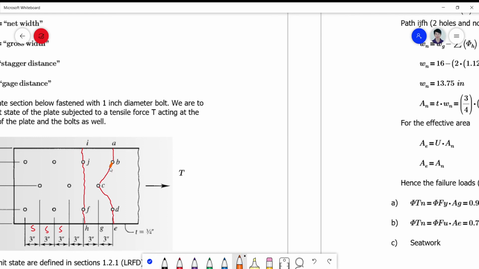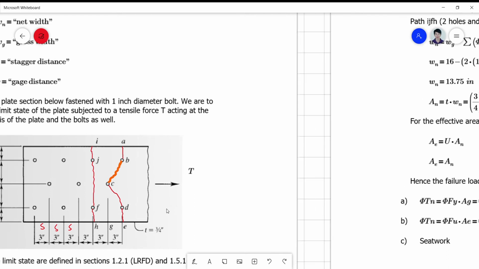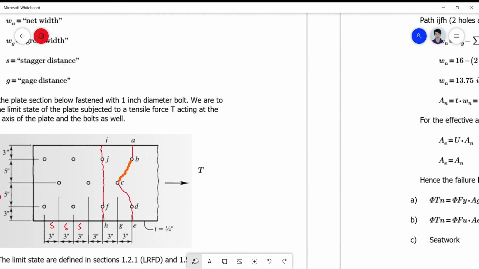This is 1 stagger, wherein s is equivalent to 3 and g is equivalent to 5, and the other stagger has the same s equivalent to 3 and g equivalent to 5.